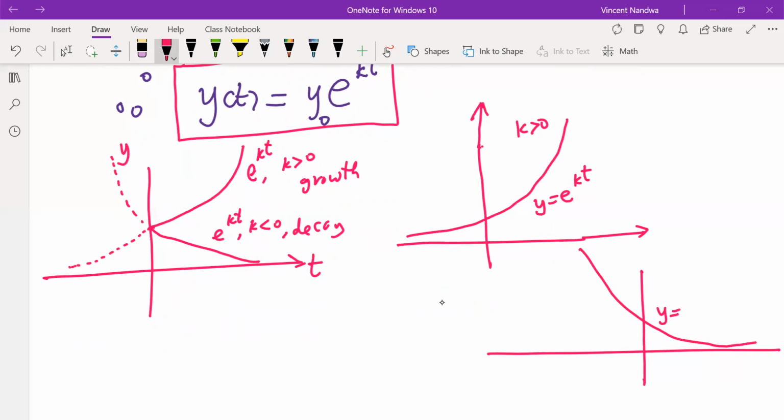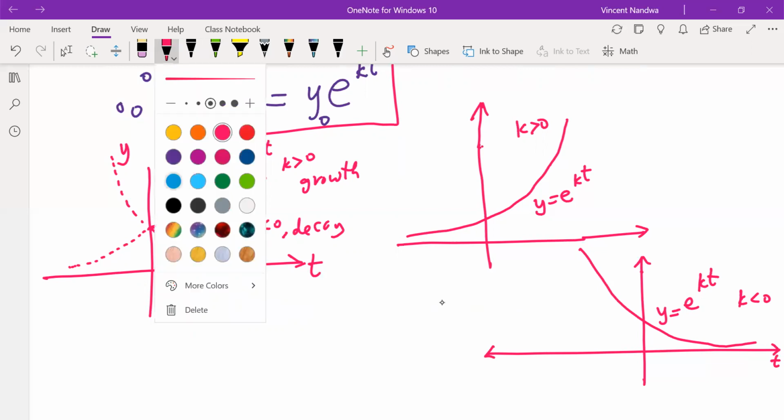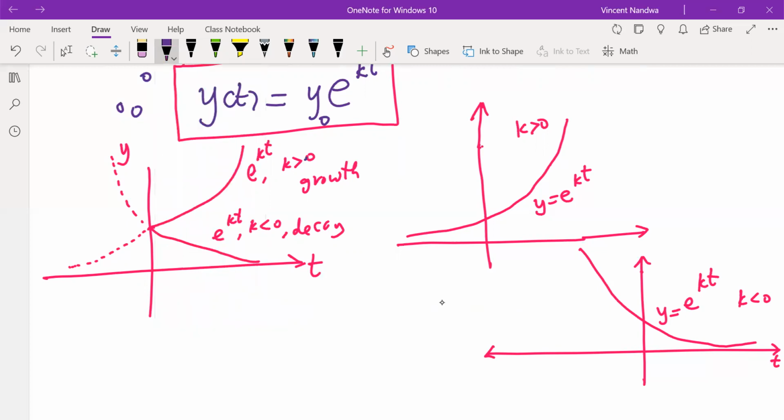Y equals e raised power kt for k negative. So this is a single graph showing growth, and this is a single graph showing decay.